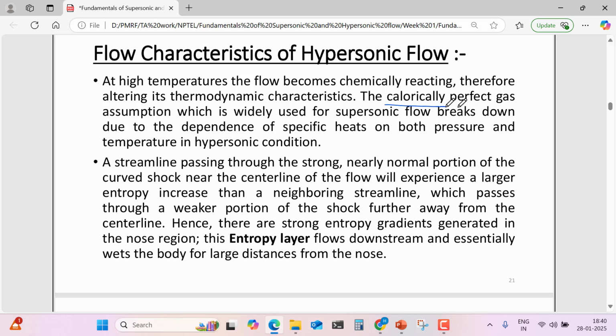So the calorically perfect gas assumption which we have used before cannot be used here, and we have to use the chemically reacting gas. Before, we also took Cv and Cp as functions of temperature. But for chemically reacting gas, as mentioned before, Cv and Cp will be functions of temperature and pressure.